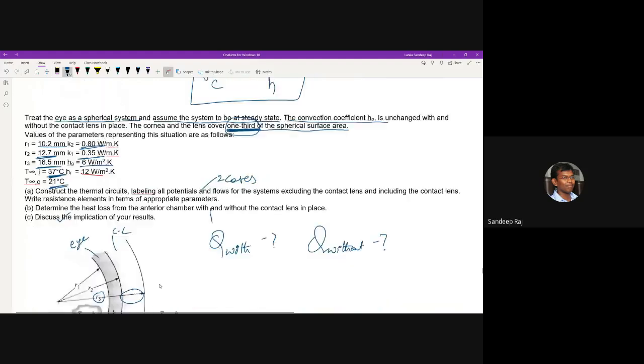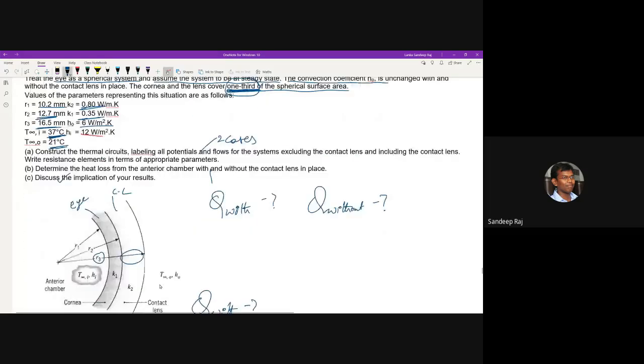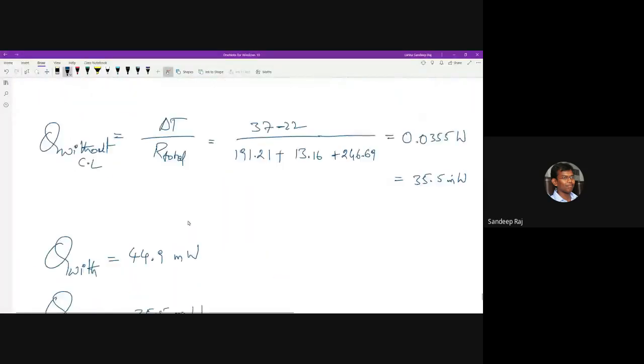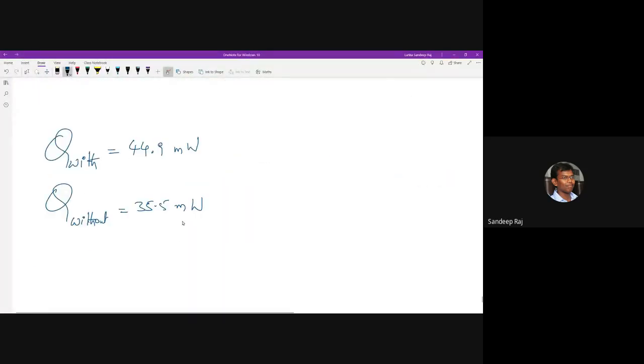Question number C. He's asking, discuss the implication of your result. What is the implication of this result? What happens when you have a contact lens?